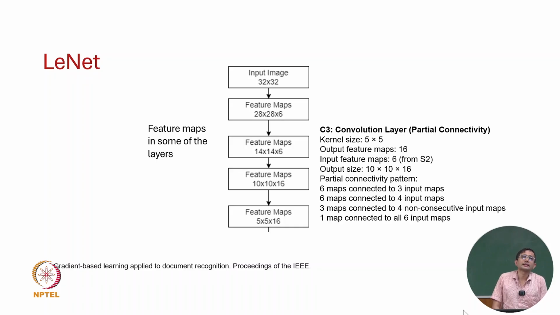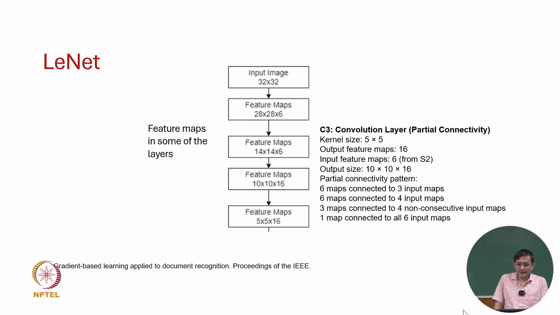In the original LeNet 5 version, this was achieved using a convolution layer that interestingly uses partial connectivity. The kernel size was again 5 cross 5. Output feature maps is 16 and input feature maps is 6.